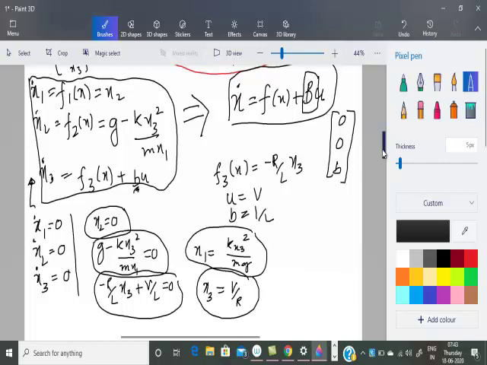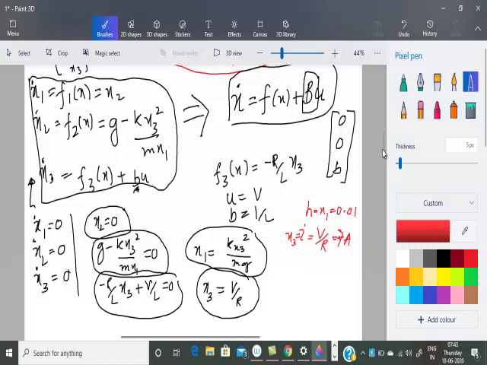The conditions given in the problem for the equilibrium point are that the height h, which is x1, is equal to 0.01 meters, and the steady state current, so this is equilibrium, so the current x3 is equal to V by R, and it is equal to 7 amperes, right?